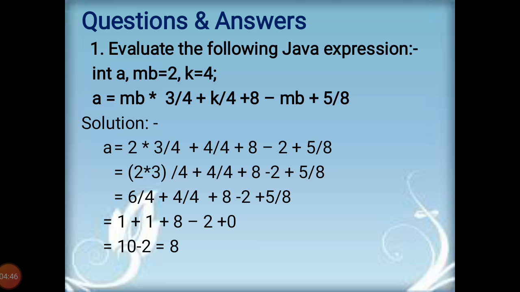In the third step, 6 / 4 is equal to 1, because an integer divided by an integer is an integer, so I have written 1. 4 / 4 is also 1, 8 - 2, and 5 / 8 is 0 point something, but an integer divided by an integer is an integer, so 0. Then we add them, and finally we subtract, and we get the result 8 for this expression.